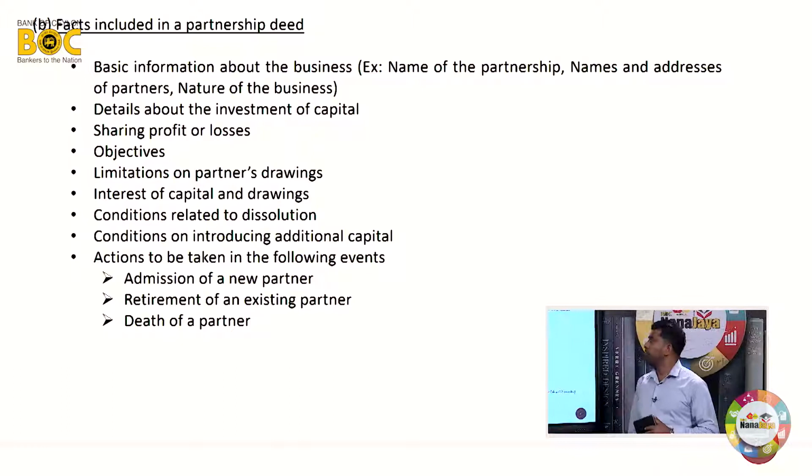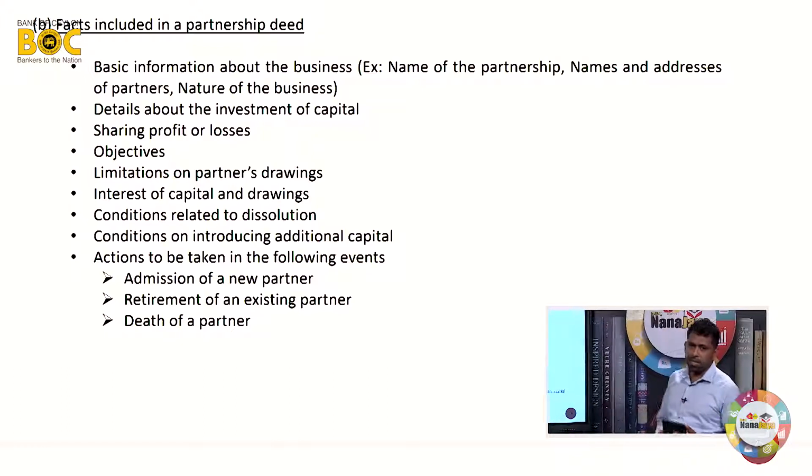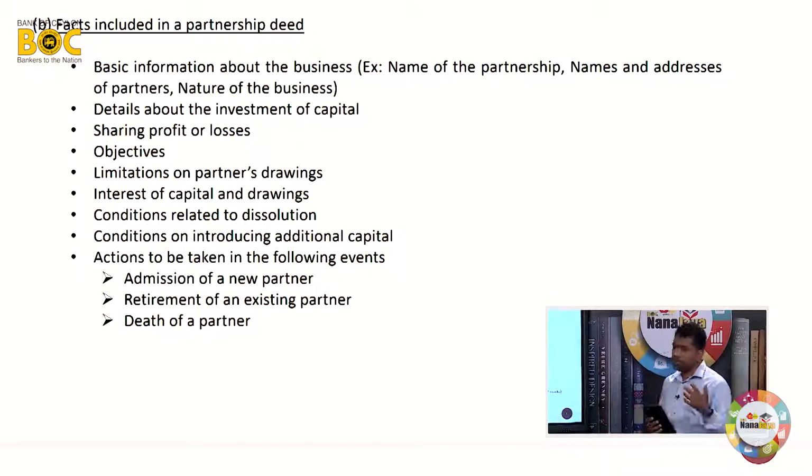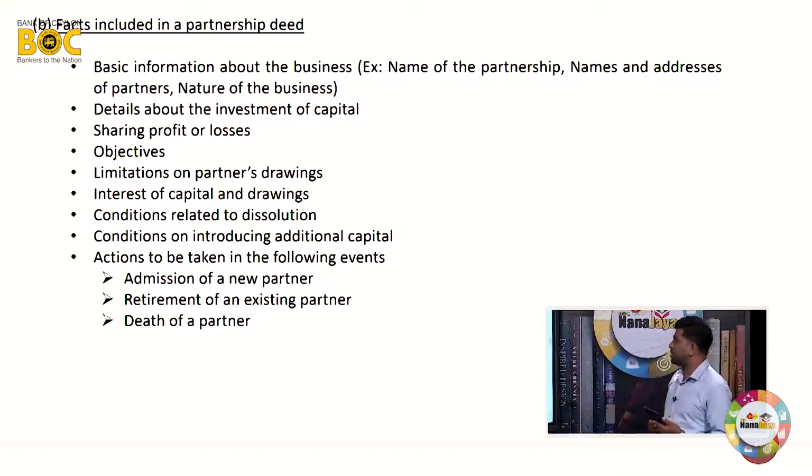First one, basic information about the business. That means nature of the business, name of the business, and name and addresses of the partners.